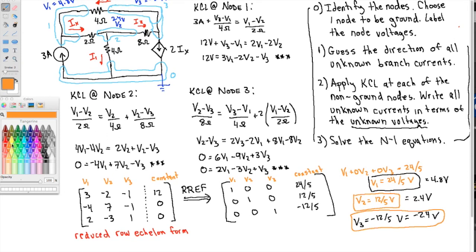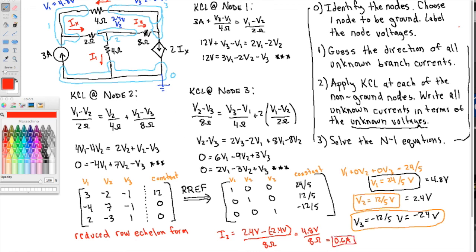For example, if we wanted I2, we can now use Ohm's law. I would say 2.4 volts, the left, minus the right, minus 2.4 volts, over the resistance, 8 ohms, is I2. So this is 4.8 volts over 8 ohms, which is 0.6 amps.